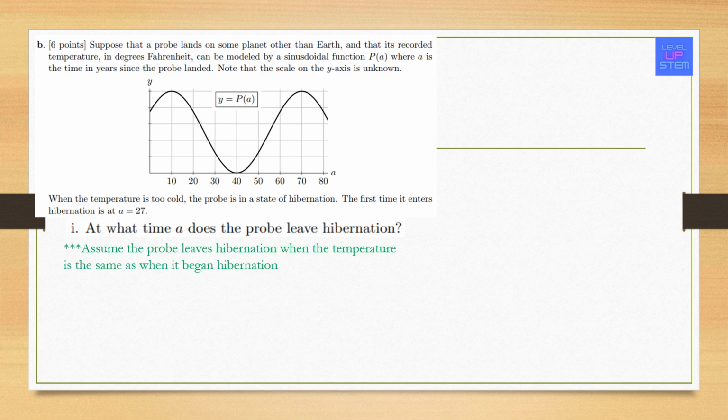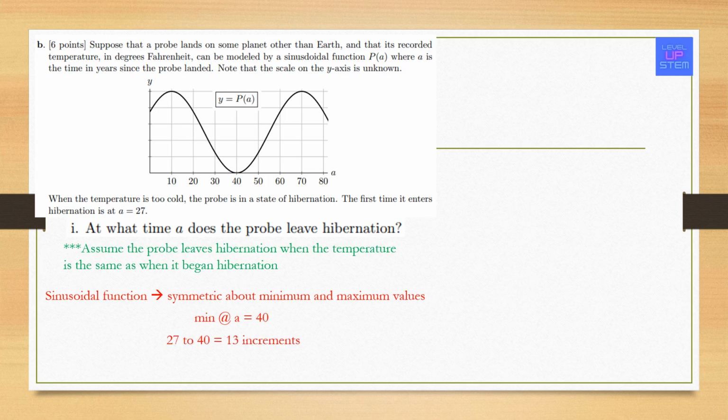Okay, so we're going to assume that the probe leaves hibernation when the temperature is the same as when it began. And this is a sinusoidal function, so it's symmetric throughout and also about its minimum and maximum values. So at A equals 27 is the first time it enters hibernation, and there's a min at A equals 40, as you can see from the graph.